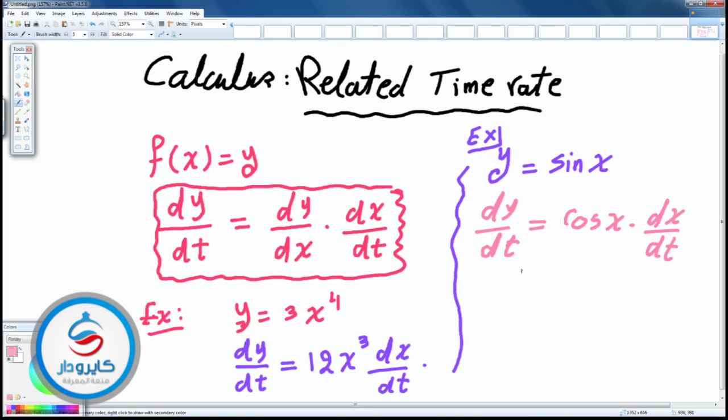By the way, we have to remember that if we differentiate the function y according to x, or dy over dx, it will be cosine x only, and this term, which is dx over dt, will not exist.